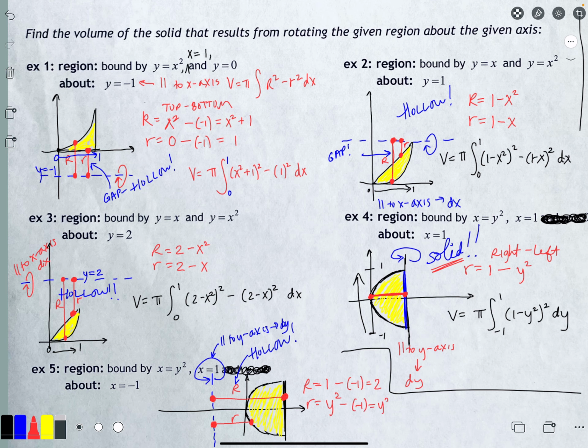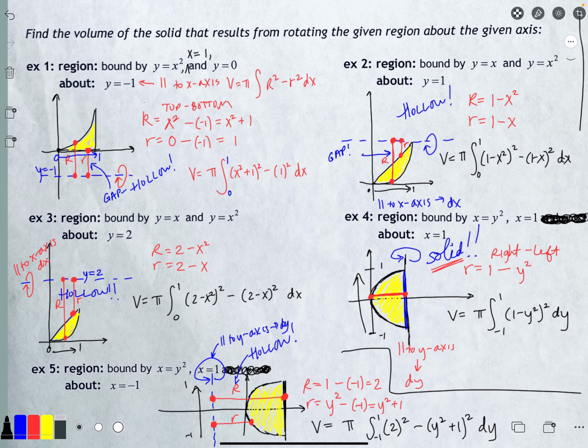So I have y squared plus 1 on that. And then my volume is going to be pi times the integral of big R squared minus little r squared dy, because it's parallel to the y-axis. And everything here is y, so I check my y-axis for my bounds, and I'm going from negative 1 to 1 again.